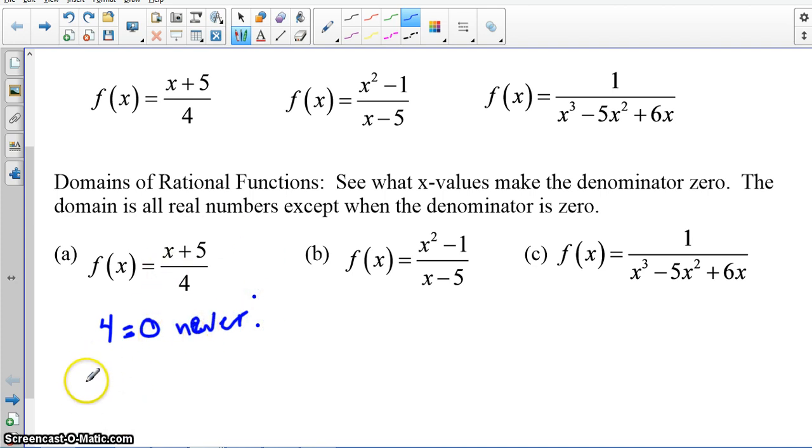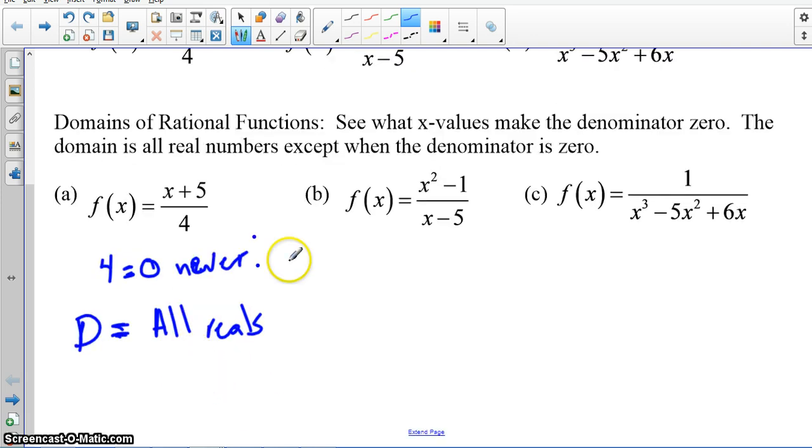So what that means is that the domain, and because my handwriting's so bad I'll use capital D for domain, is all real numbers. Or in other words, another notation that we've done is interval notation.